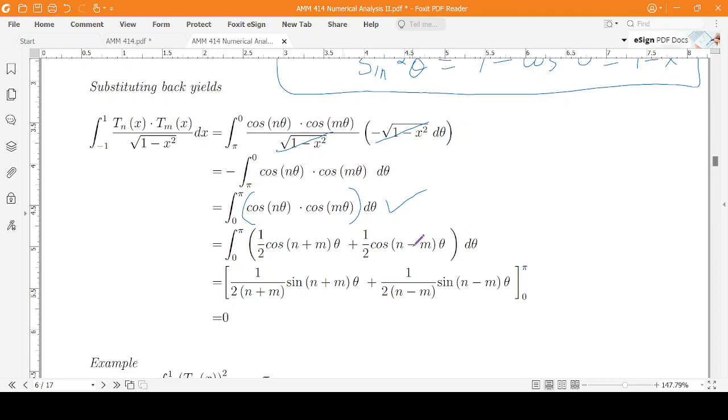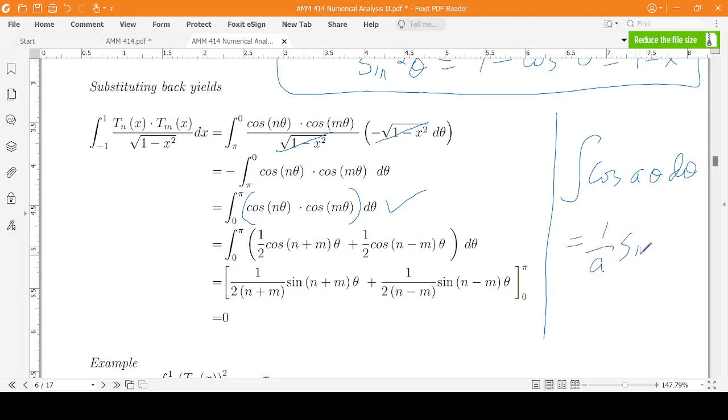And now, this one we can integrate. Remember, whenever we have the integral of cosine of a theta with respect to theta, we get 1 over a sine of a theta, of course plus a constant if it is an indefinite integral. But this one is a definite integral, so we will not need the constant.